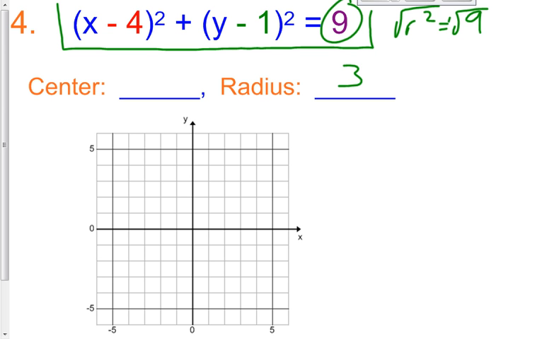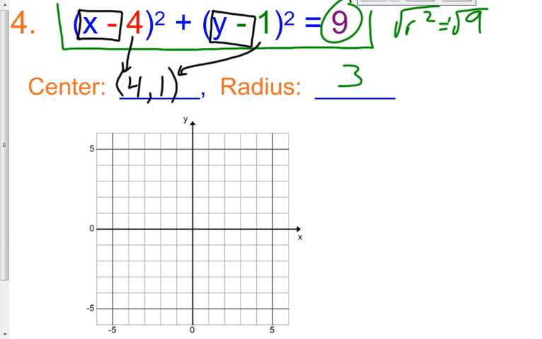The center is always at (h, k). And like I talked about at the beginning of the lesson, x minus and y minus are part of the equation, so those stay in there. So what do we draw from? We just take the positive 4 and the positive 1. That is my (h, k), so my center is at (4, 1).